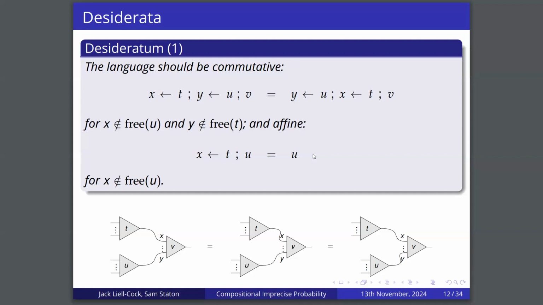What this allows is for us to additionally represent our programs as data flow diagrams, because there's no ambiguity as to whether we perform term T and then U and then continue with V, or U and then T and then V. They'll be equal. It doesn't matter which one we interpret as happening first.